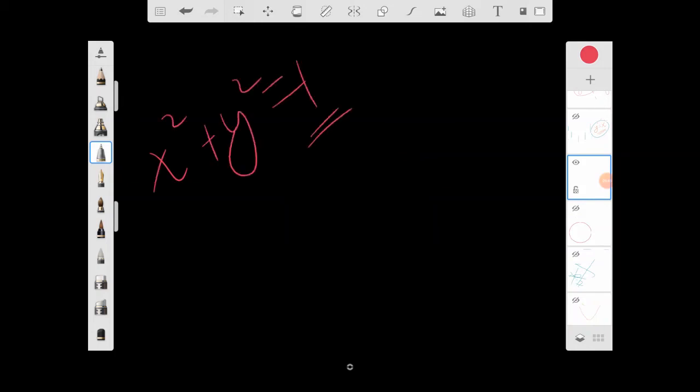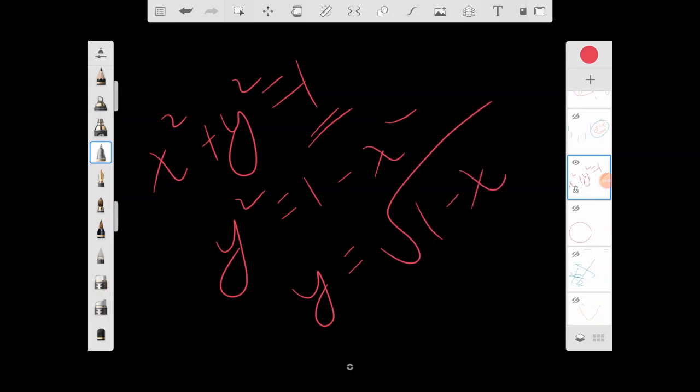Why 1? Because the radius of that circle which I drew is 1. That is why. So I can always write this as y square is equal to 1 minus x square, and y is equal to root of 1 minus x square. Right, so this is my equation, and now I will check whether this equation is a function or not.